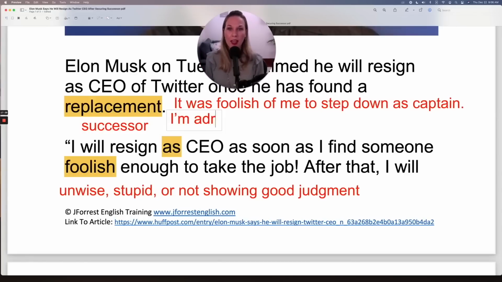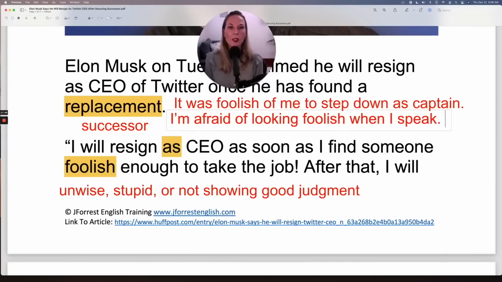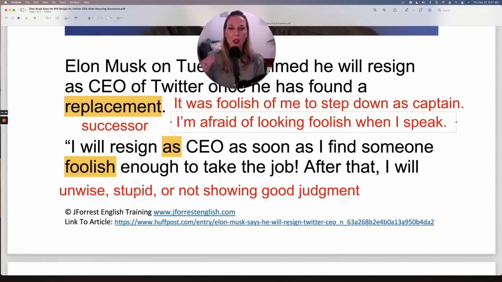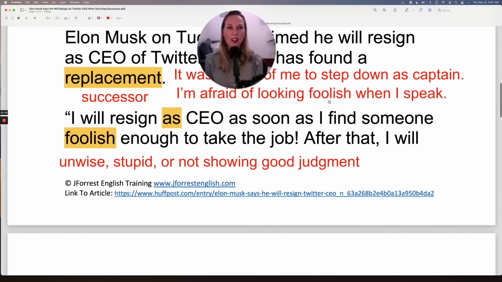I'm afraid of looking foolish when I speak, which means you're afraid of looking stupid, to be honest, of people judging you negatively because if you use the wrong vocabulary or your pronunciation isn't very good, then it could look negative, right? Now, this is a fear that a lot of students have. I'm afraid of looking foolish when I speak. So a very common adjective, but remember, it is very negative as well. All right, let's continue on.